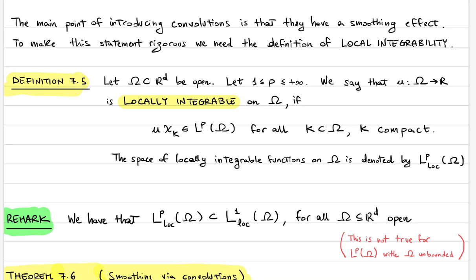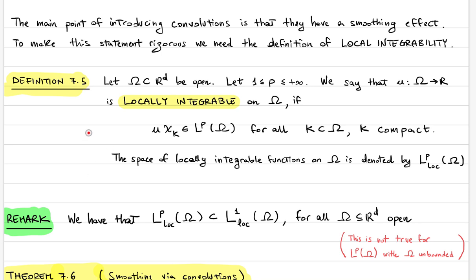Maybe this is not the only way to smoothen a function, but the point is that convolutions are very handy because if you smooth a function by convolution, you can produce a sequence which is converging to your original function in a good way, as we will see in the next results.